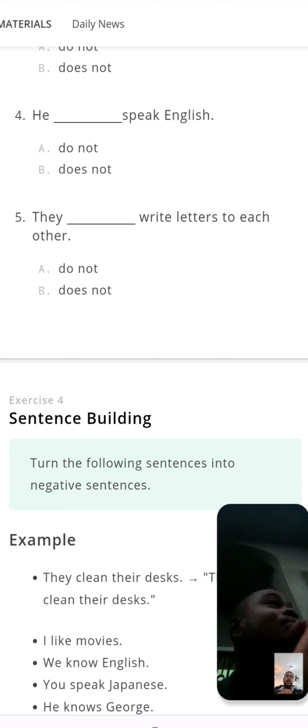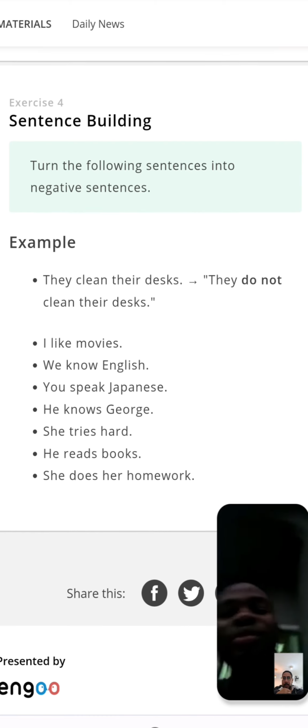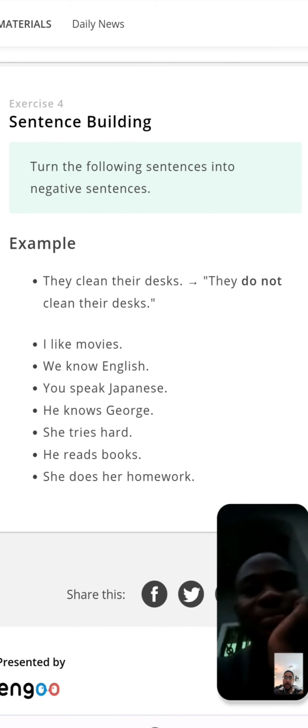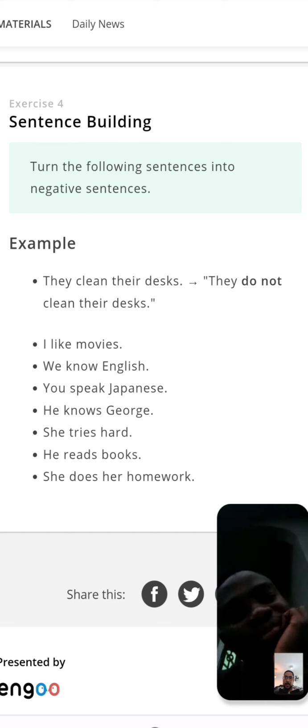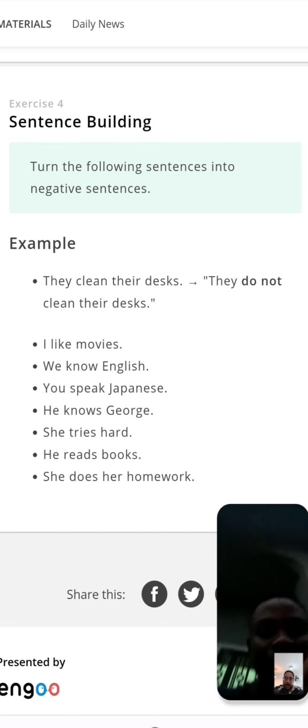Let's go. The first one. No, the first sentence, you have to turn to the negative. I like movies. I do not like movies. We know English. Good.